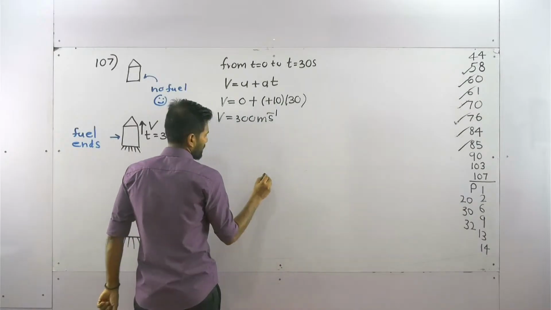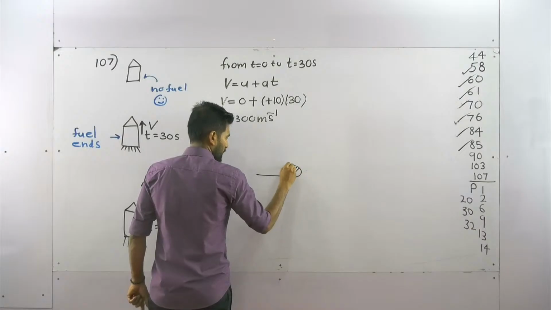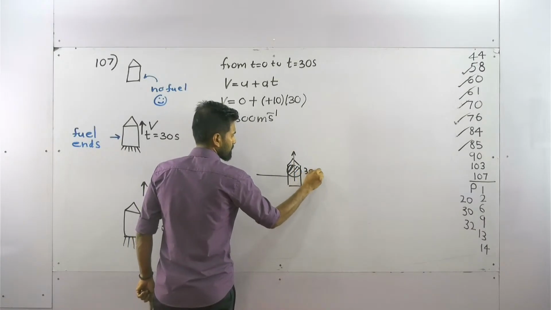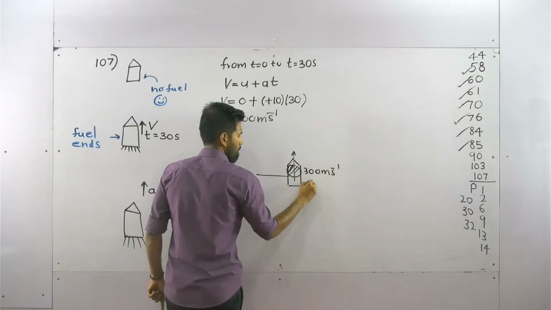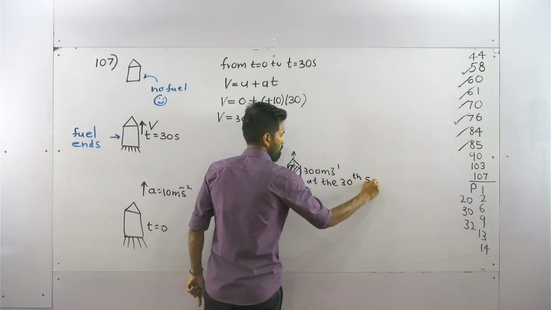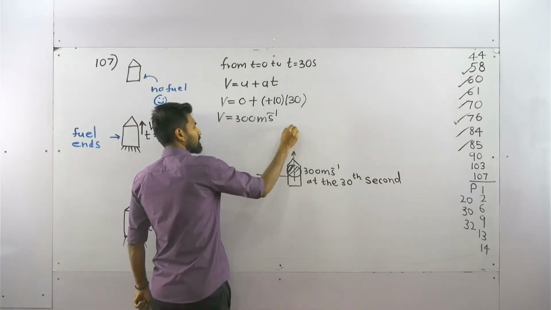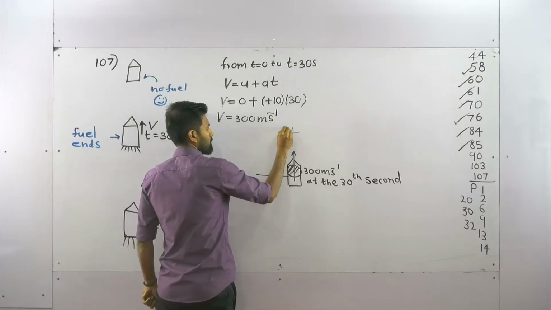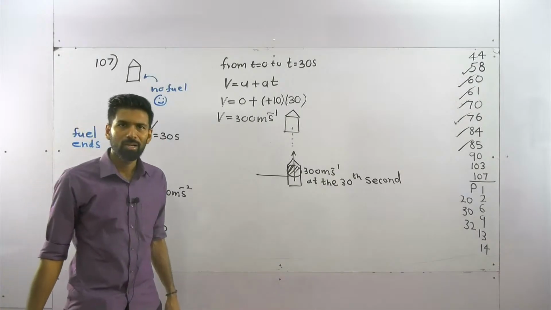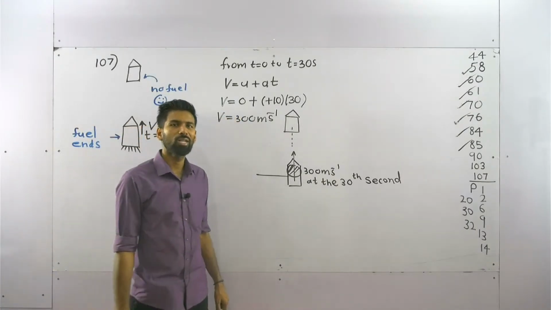At the 30th second, the rocket had gained a velocity equal to 300 meters per second, but after the 30th second, it is the same as a stone moving upward under the motion of gravity. After the 30th second, fuel is over.